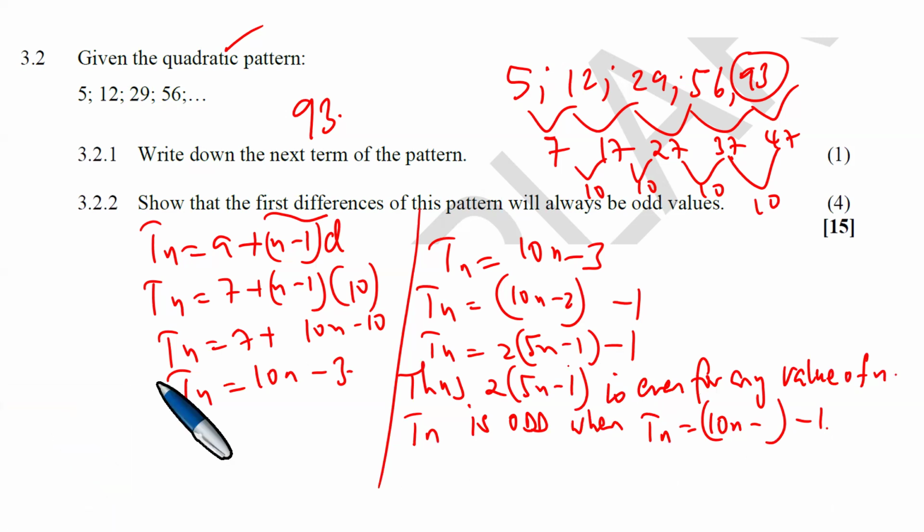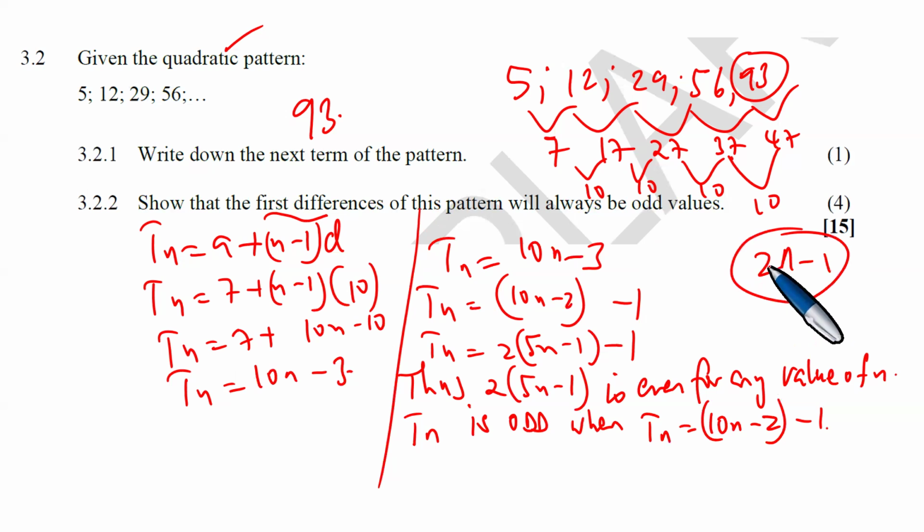Okay, let's analyze this because it's a tricky question, very creative from the examiner. Now, show that the first differences of this pattern are always odd values. The formula for the first differences is 10n minus 3 equals Tn. We're to show that the right-hand side is always odd. Odd numbers in mathematics are the numbers that are 2n minus 1.